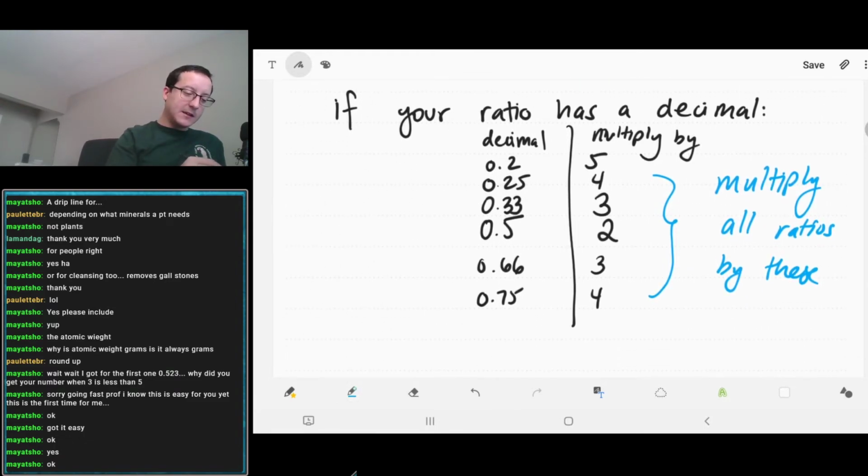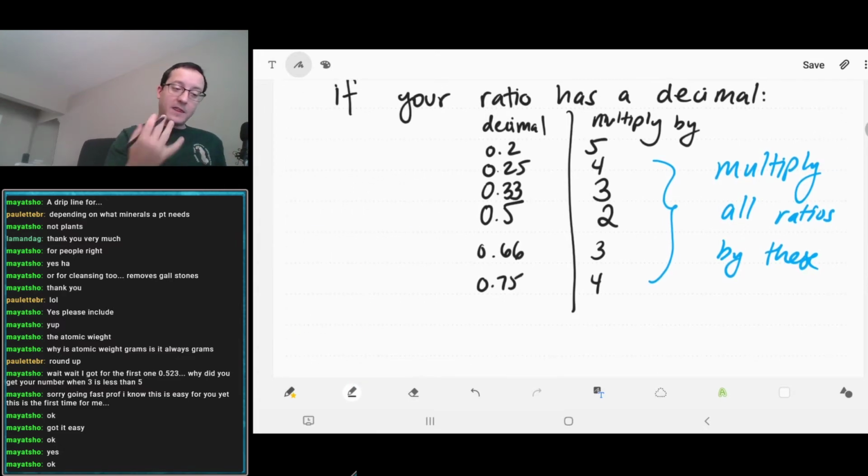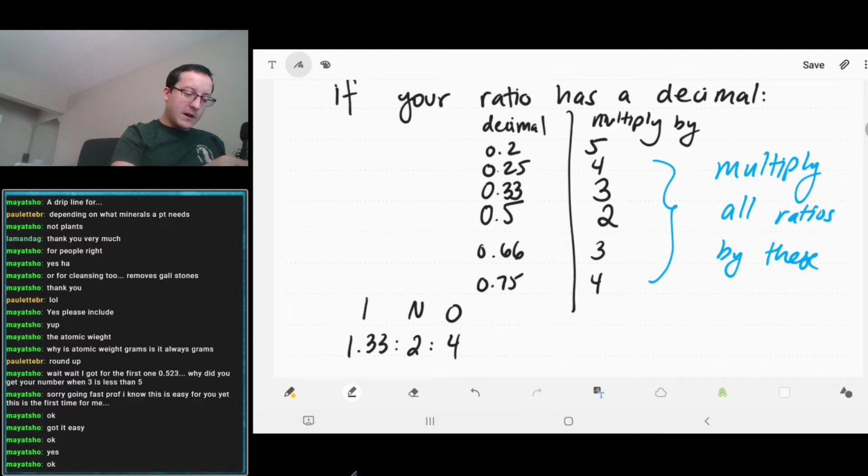And what that means is, with this, we can see that maybe we have a ratio of 1.33 to 2 to, I don't know, 4. I'm just going to make this compound up, with, whatever, potassium, who cares?